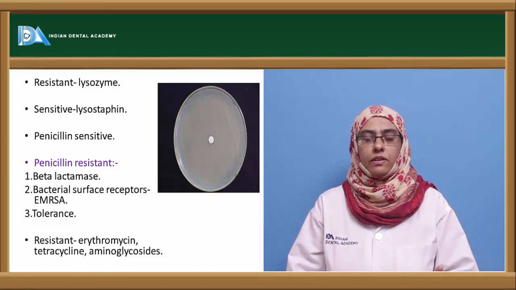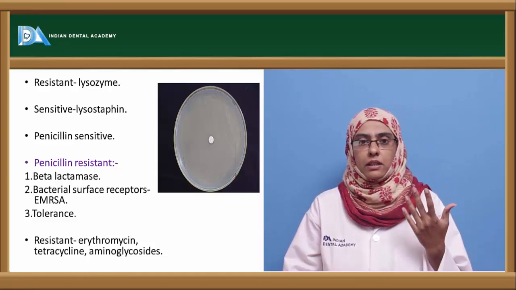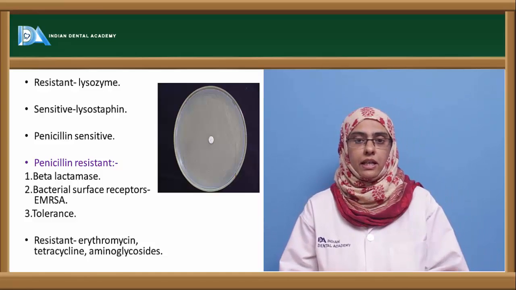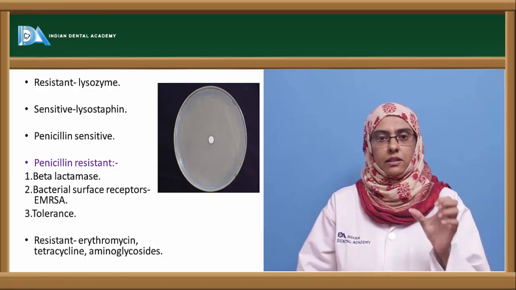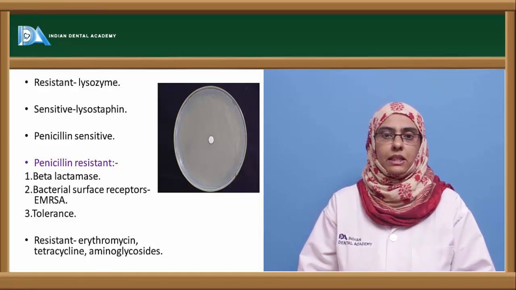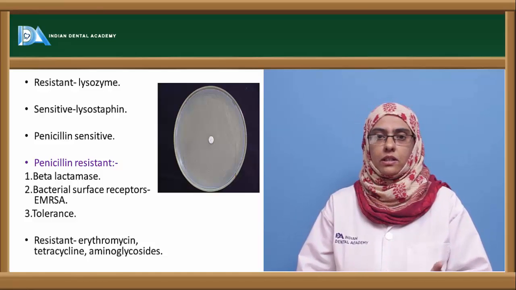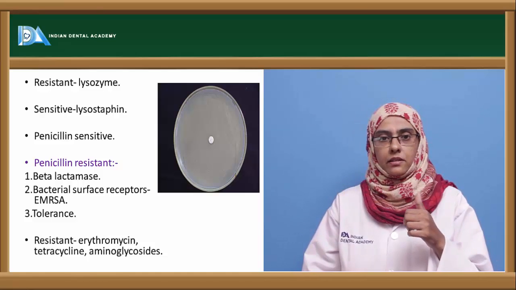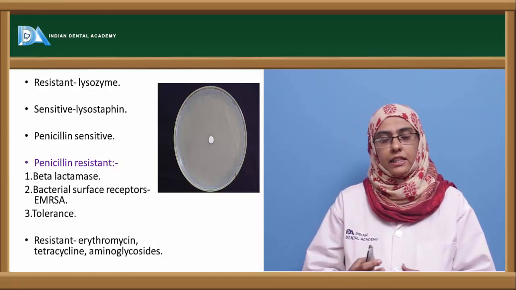There are four different types of beta-lactamases produced, from A to D, the most potent being A1. It is usually carried on a plasmid, and the plasmid-borne beta-lactamase enzymes can be transferred via transduction or conjugation. Second, the development of resistance can also be brought about by changing the surface receptor.